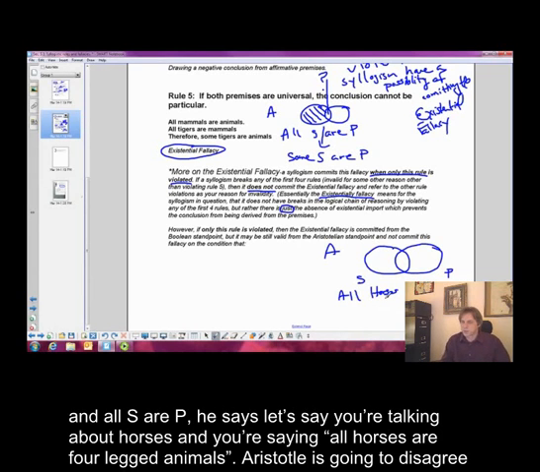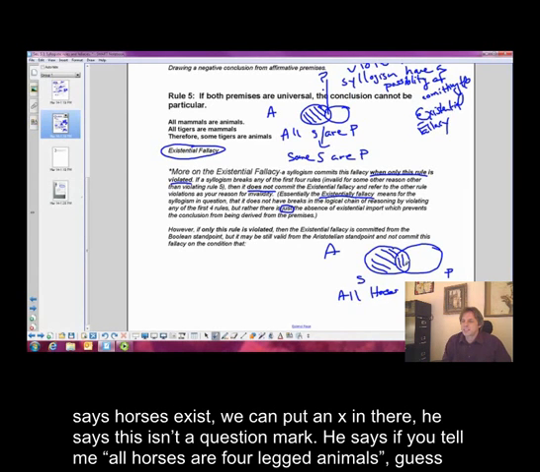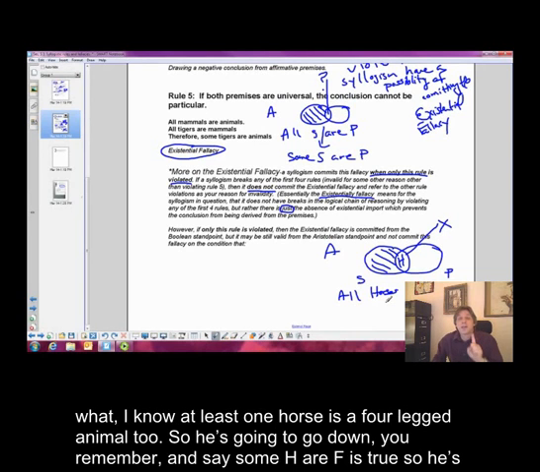If we say all horses are four-legged animals, this means we're never going to find horses that are not four-legged animals. He says horses exist. We can put an X in there. He says this isn't a question mark. So he says, if you tell me all horses are four-legged animals, guess what? I know at least one horse is a four-legged animal too.